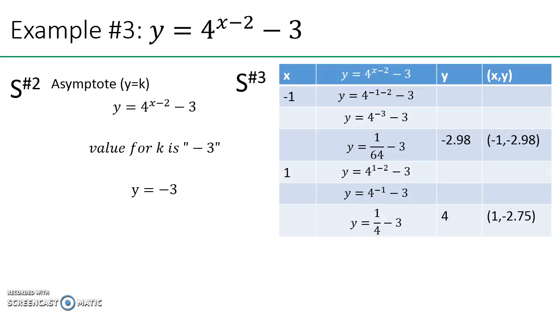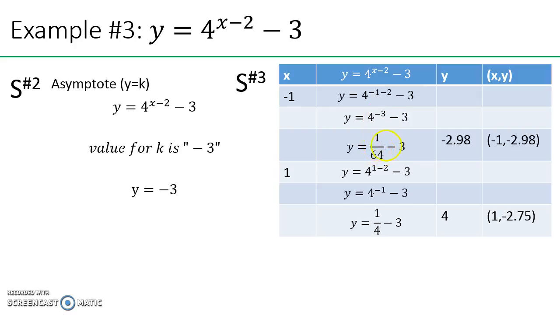Looking at my input-output table, everything pretty much works the same. I chose negative 1 and 1. We plug it in, and this is where we are now. Y equals 4 to the negative 1 minus 2 minus 3. Well, negative 1 minus 2 is negative 3. So 4 to the negative third power is 1 over 64.